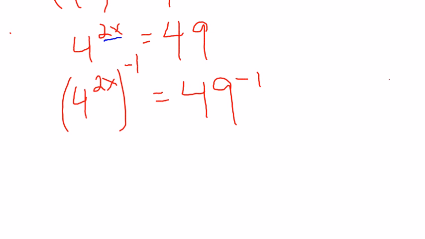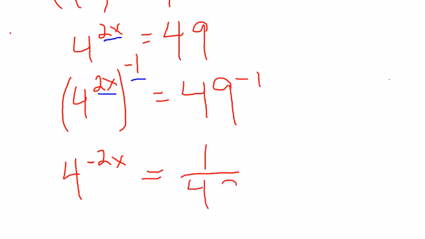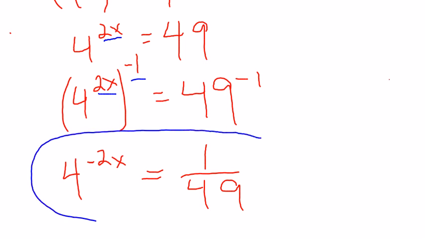Which I'm going to distribute this into this, and that gives me 4 to the -1 times 2x is -2x, and that's equal to, what's 49 to the -1? Exponents, put it up over itself, so I get 1 over 49. And we are done.